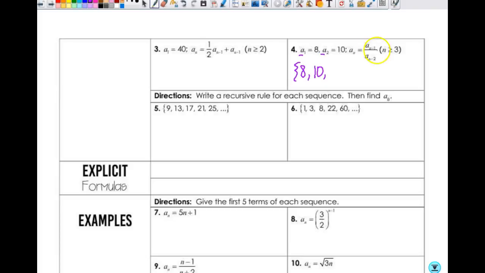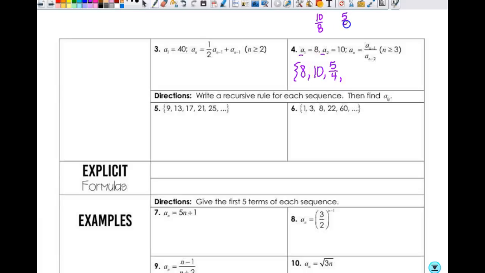That's great. Well then, to find the third term, I'm going to take 3 minus 1, that's the second term, over 3 minus 2, the first term. So I would take 10 and put it over 8. So when I put 10 over 8, that's going to reduce to 5/4. Then I'm going to take 5/4 and put it over 10.